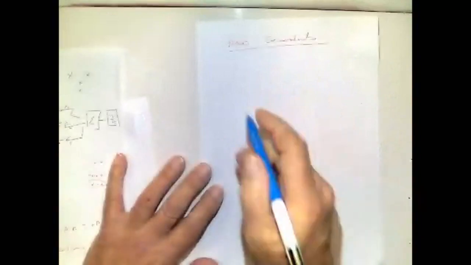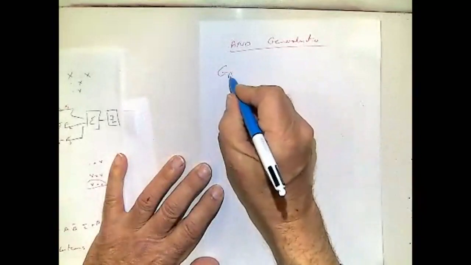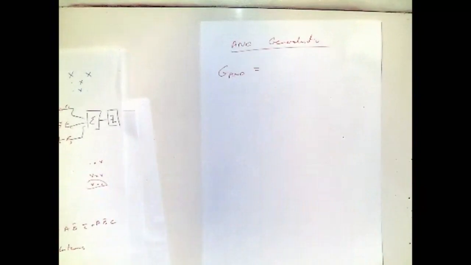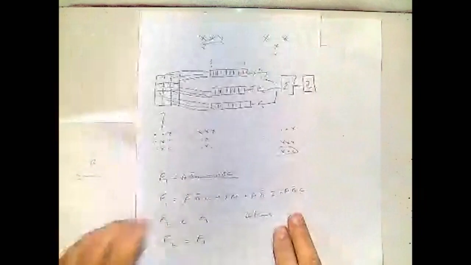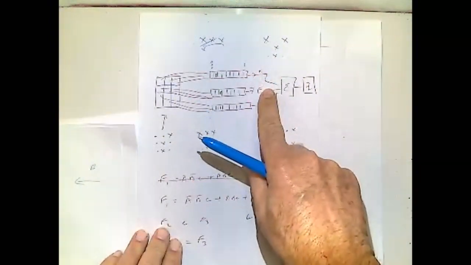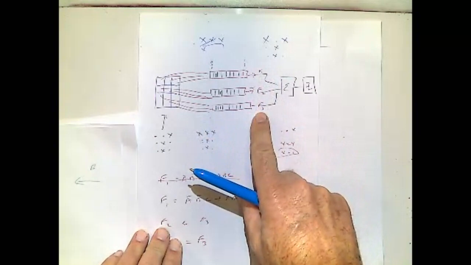And generalization is G and. G and is, well, what have we got to do to get a response from F1, F2, and F3? A response of 1 from F1, F2, and F3.